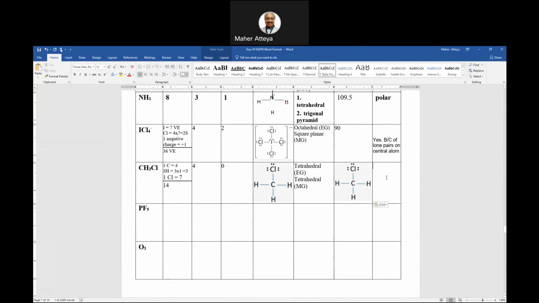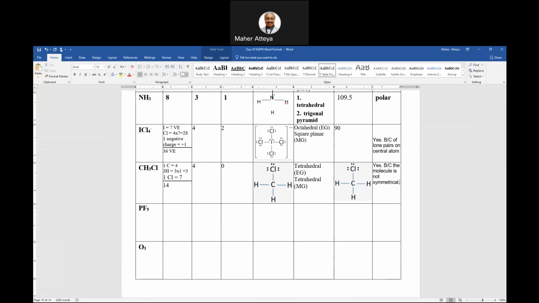The question: is it polar or non-polar? It is polar, yes. Why? Because the molecule is not symmetrical.